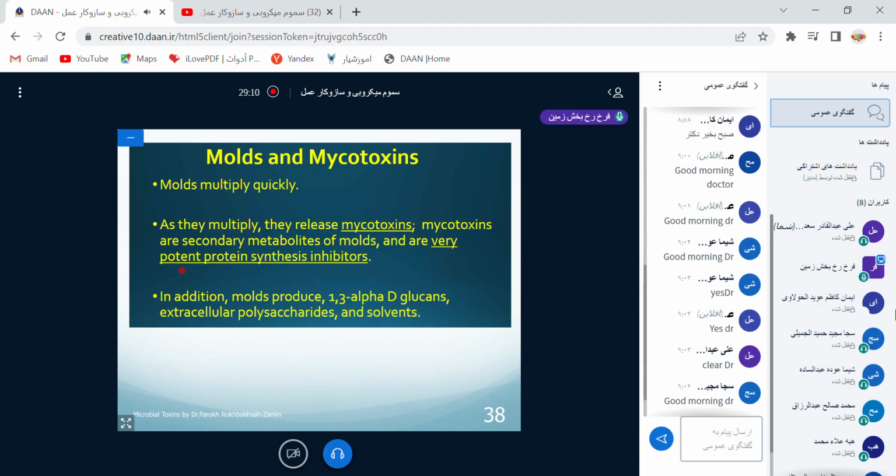Any cells in any tissues and any organs, for doing anything, need energy. Brain cells without energy don't work. Heart cells without energy don't work. So these mycotoxins stop energy production.